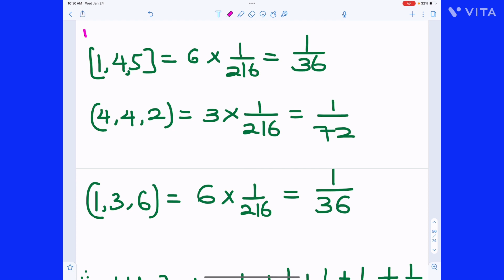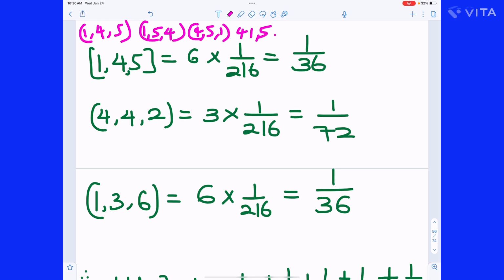Either you get 1, 4, 5, or 1, 5, 4, or 4, 5, 1, or 4, 1, 5, or 5, 1, 4, or 5, 4, 1.